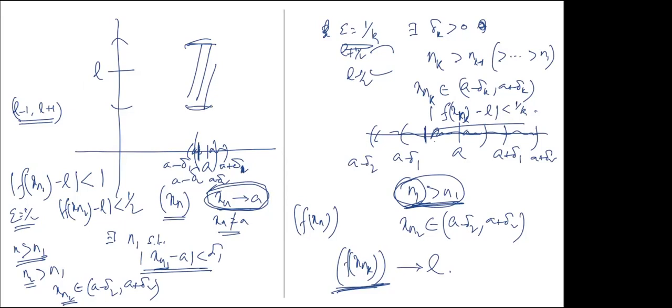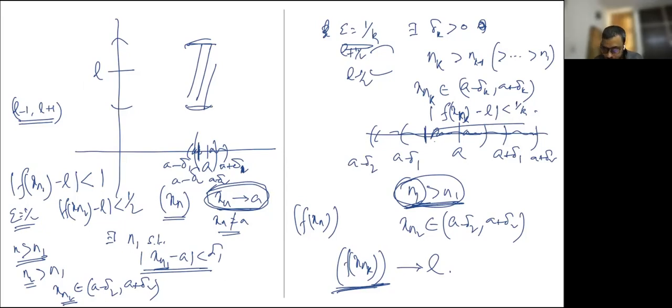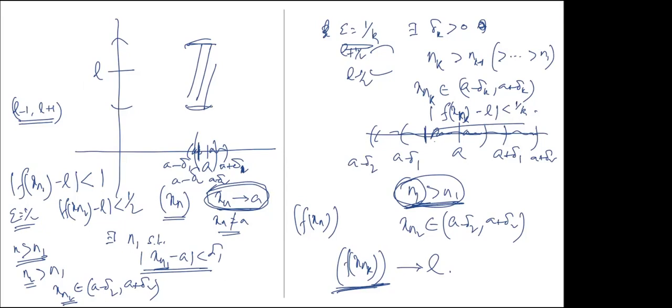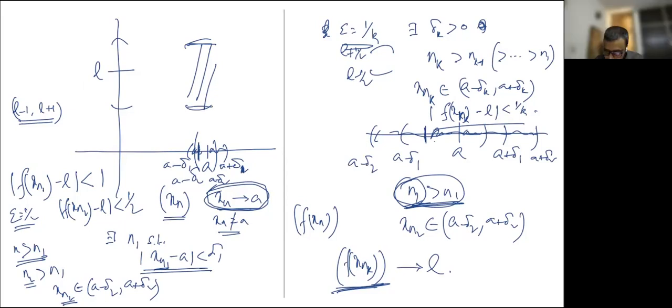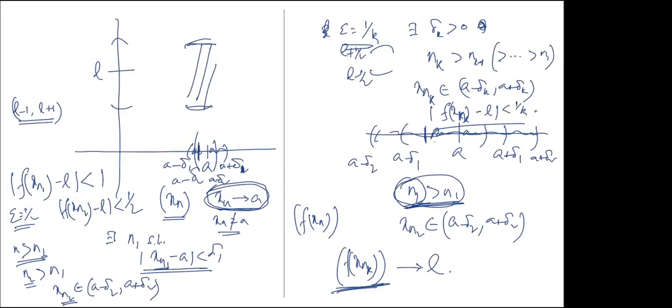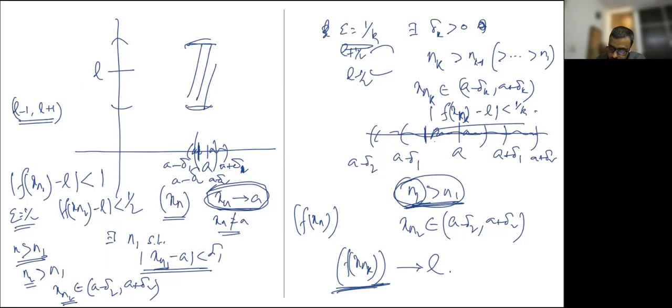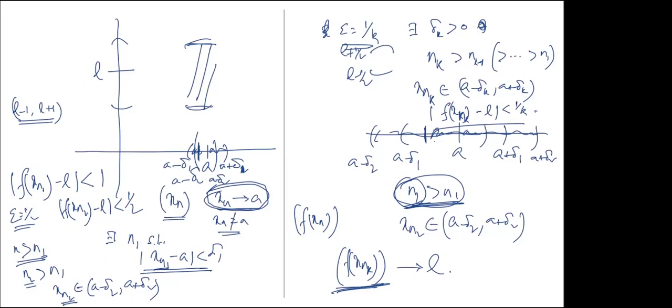Then for all xn's between that, that will be the case. So for all xn's which are within that delta ball, their f(xn) will be within the epsilon ball around L. Then the limit of f(xn) is L.